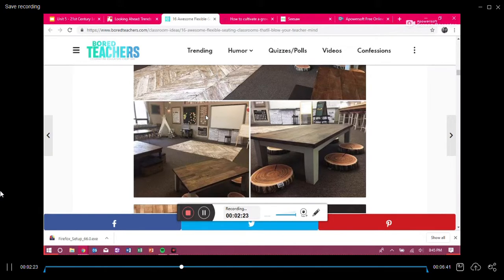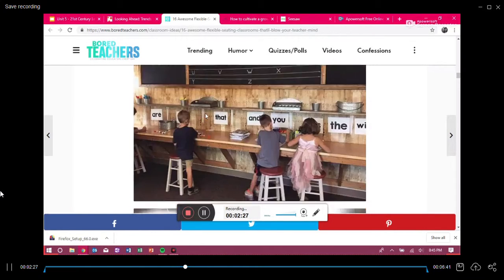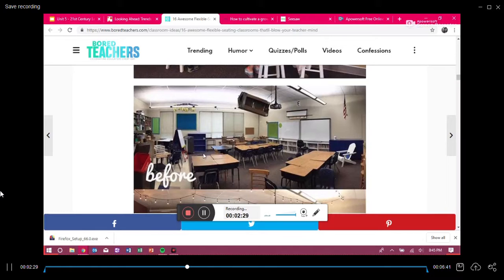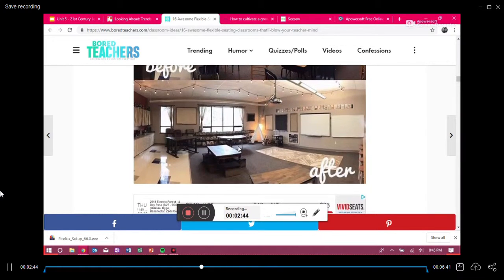But something that can be used as integration in the classroom is as simple as just changing up the seating. You see here that there are different areas of seating. Not everyone's just facing one direction. It is broken up into different areas, but you can break it up even further and make it more of an inviting space.